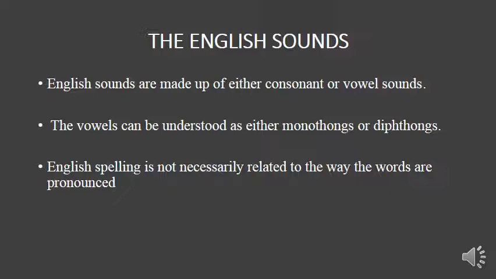That is, the vowel sounds are also divided into two. There are monophthongs and then there are diphthongs. The monophthongs are sounds that have only one sound, from the word mono, which means one. And the diphthongs are sounds that are two sounds, but pronounced as one.